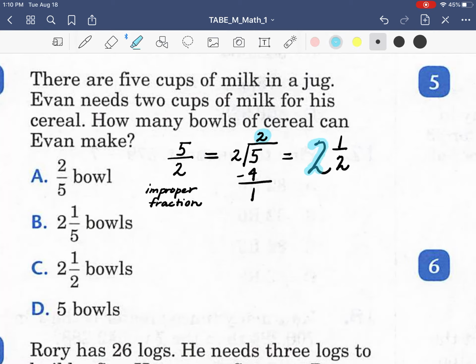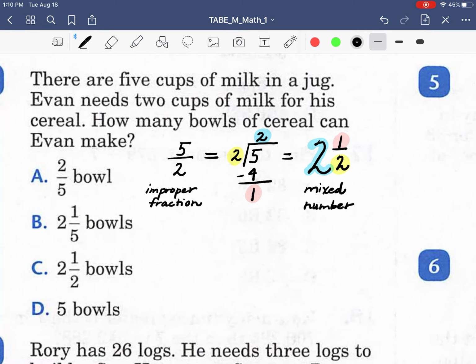And let me show you why. Here is the big, tall 2. Here is the remainder. And then this is your divisor. So that division problem becomes this mixed number. It is equal to 5/2.